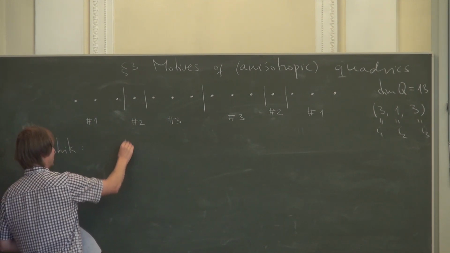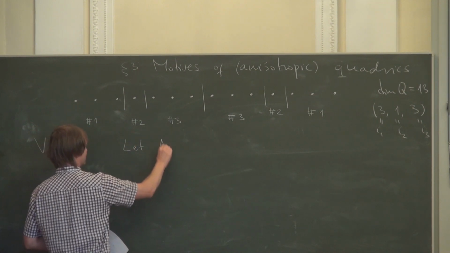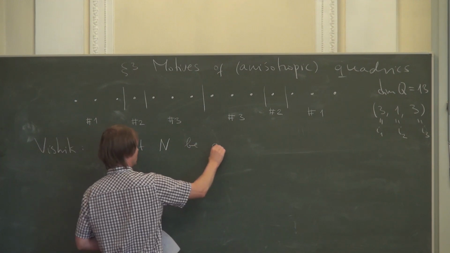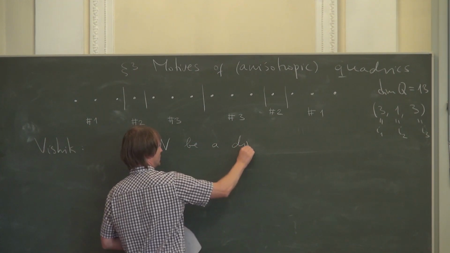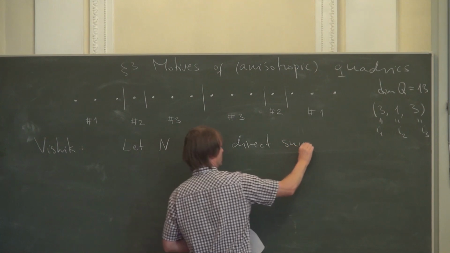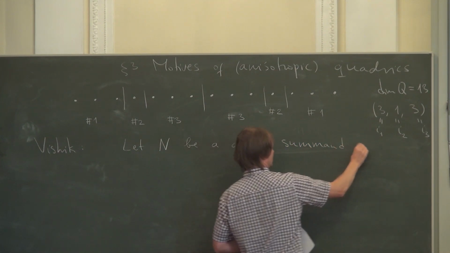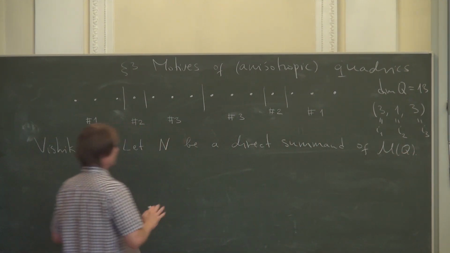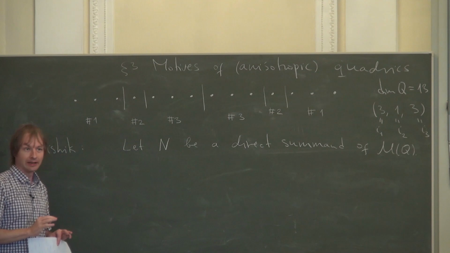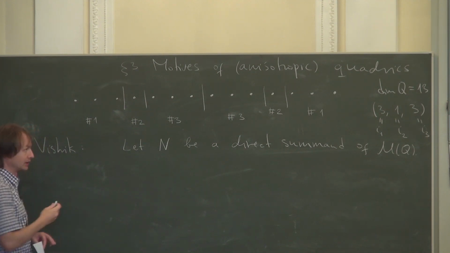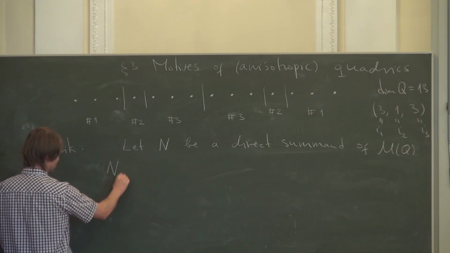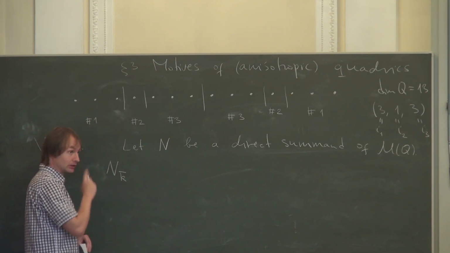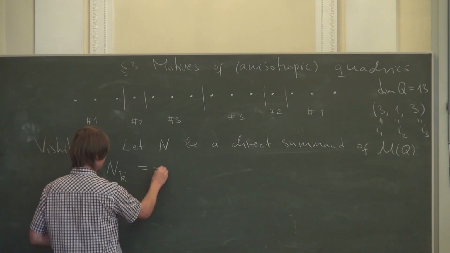Assume that N is a direct summand of the motif of Q. Everything is over our base field K. So what happens when we extend our scalars? If we pass to an algebraic closure, then N will split into a sum of Tate motifs.